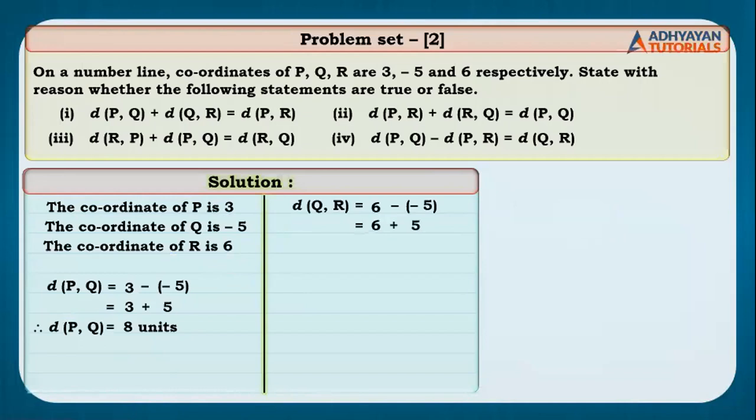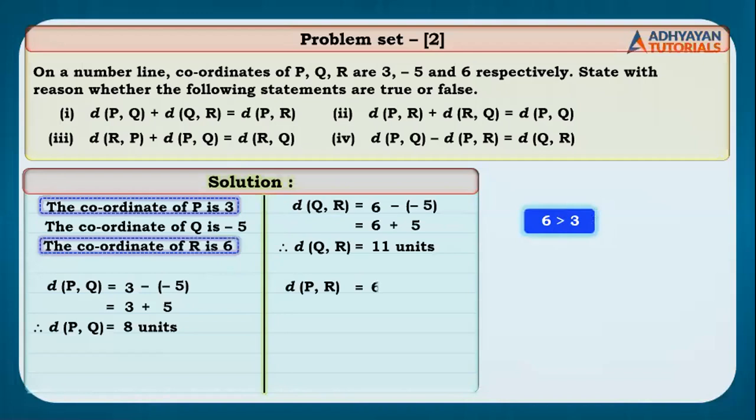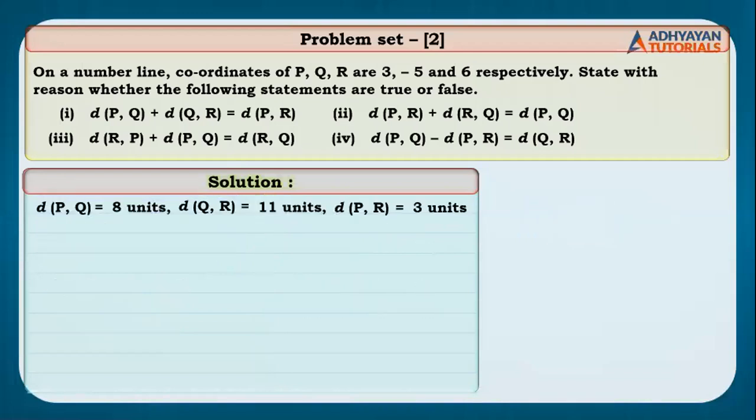Plus. 6 plus 5 becomes perfect 11 units. And at the end, children, we find the third distance, which is PR. For PR we will be comparing 3 and 6. So here, which is the greater coordinate? 6. So it has to be 6 minus 3. 6 minus 3 is nothing but 3 units. I hope this much is clear.